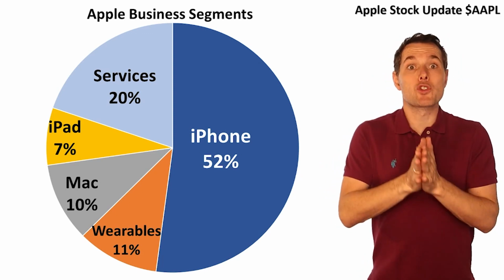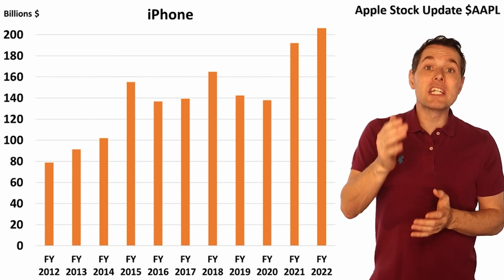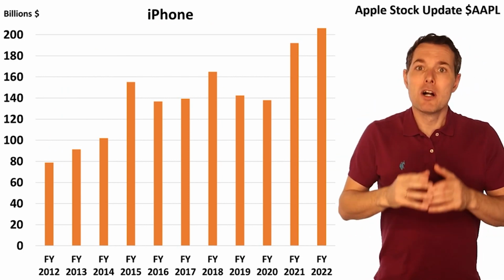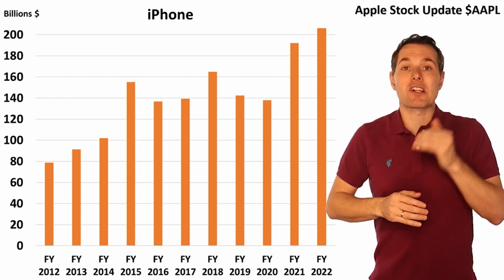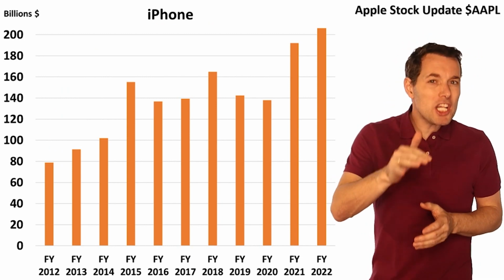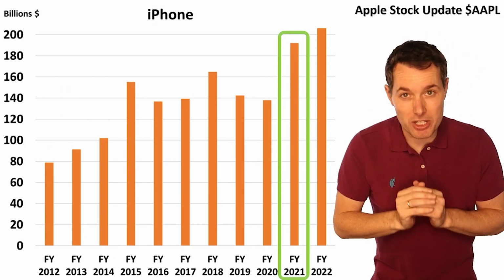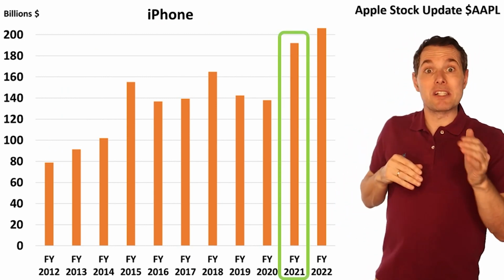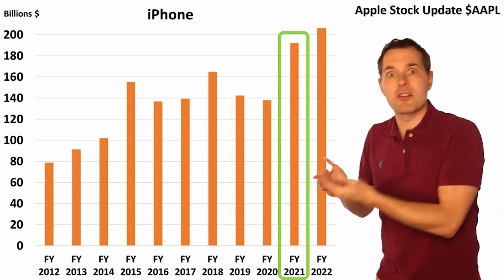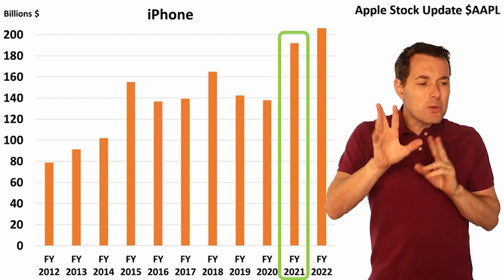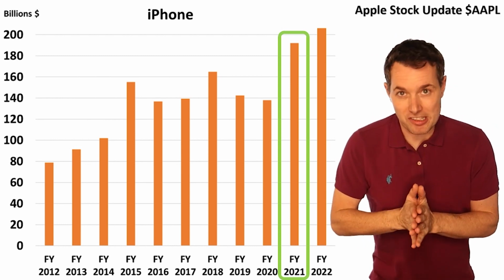So when we jump over to the iPhone history, we can see that, going back to 2012, broadly speaking, the iPhone revenue has climbed higher. Now, 2021 was a particularly unusual year because we can see there was a big jump from 2020 to 2021, but there were two unusual situations there.